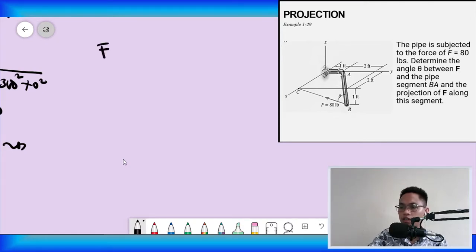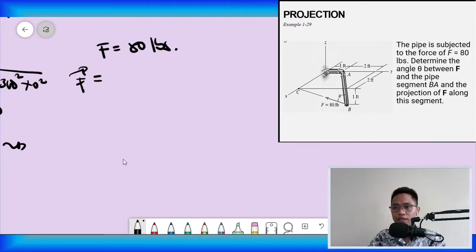Our force is given a magnitude, which is 80 pounds, right? But as I told you, our F should be in Cartesian vector form, meaning with i, j, k. Therefore, for this 80 pounds, we will use the formula F times u. Based on the figure, it is acting from B to C. So BC. I hope you got that.